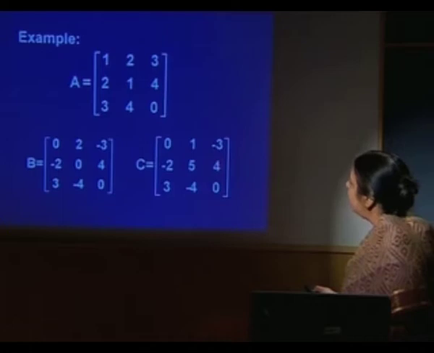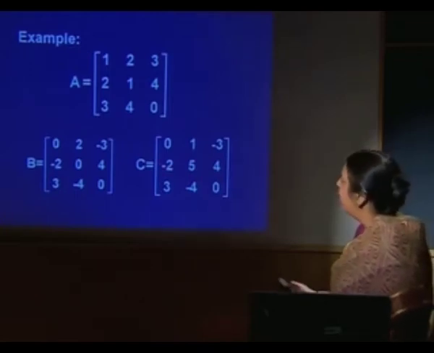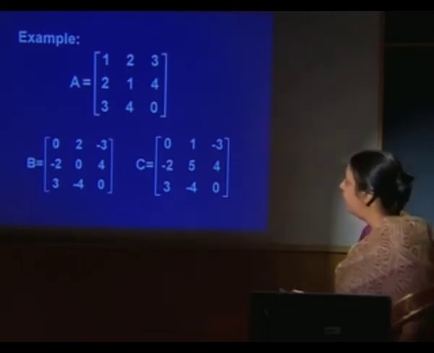So, this matrix is not skew symmetric because this is not 0. Although this element and this element are mirror images, this is 4 and this is -4, because this is -2 and this is 1, this matrix is not skew symmetric. This matrix is not symmetric either because this is 1 and here we have -2. So, this is neither a symmetric matrix nor a skew symmetric matrix.